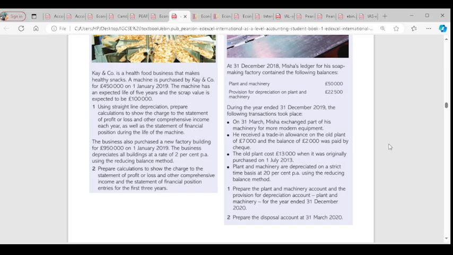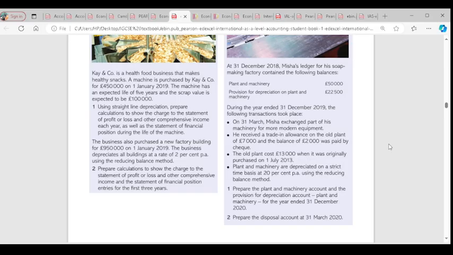We have the balance for provision for depreciation, which is 22,500. 20% of that, 20 multiplied by 22,500 divided by 100, is 4,500. So depreciation is 4,500 on the provision made for depreciation.